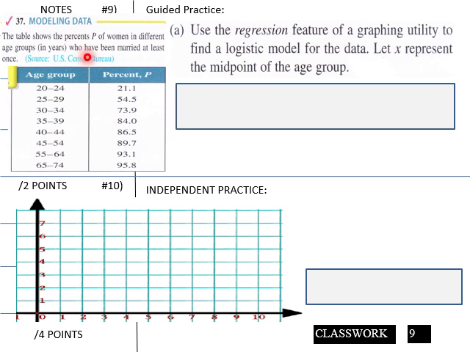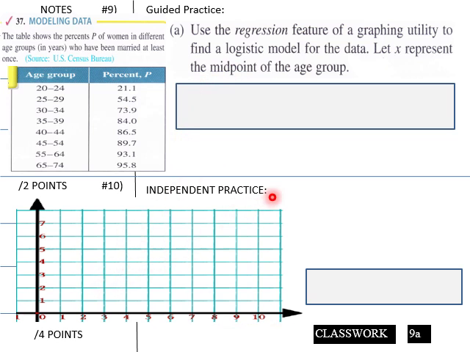Okay, so our modeling data, again, another issue here. We have percents P of women in different age groups who have been married at least once. So here's our age group here. Using a regression feature of a graphing calculator to find a logistic model for the data, let x represent the midpoint of the age group.